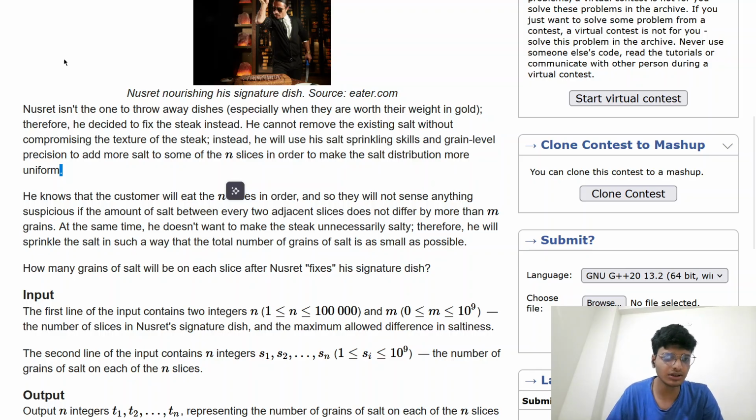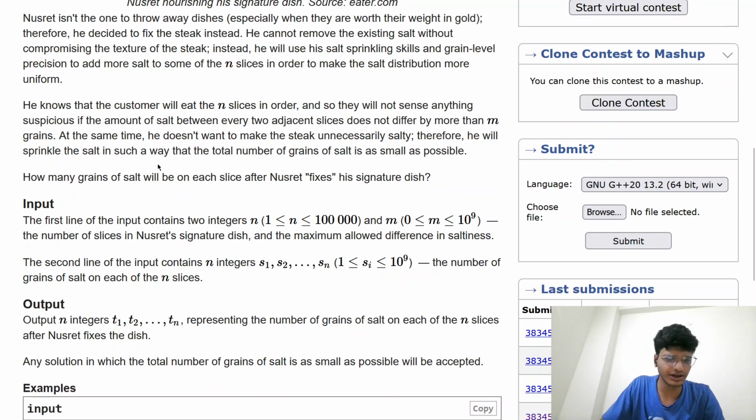If you read it, I will explain what the question is saying. It is saying that A has some dishes, and on them there are already salt grains. What he wants to do is to make the dishes good.